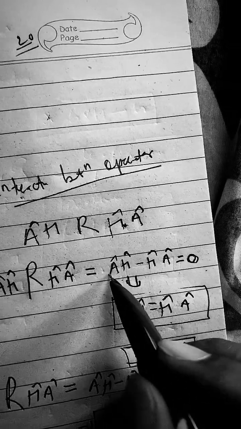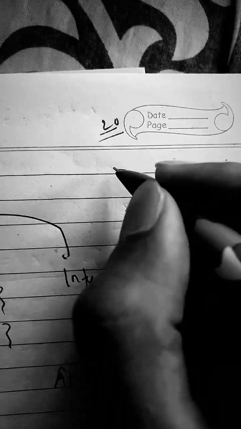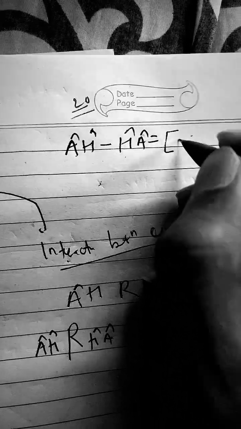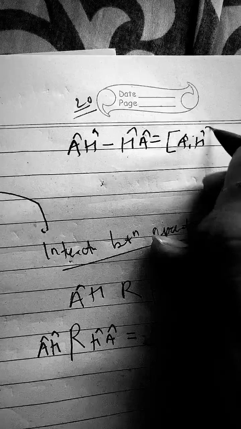Now, we said last time we were talking about this kind of thing, commutativity. Now we can define this as, let's say, AH minus HA equal to, let's say, I give a notation AH.